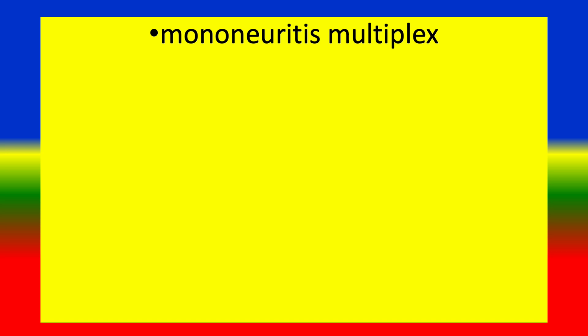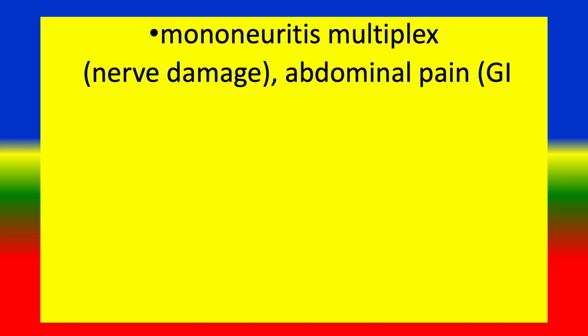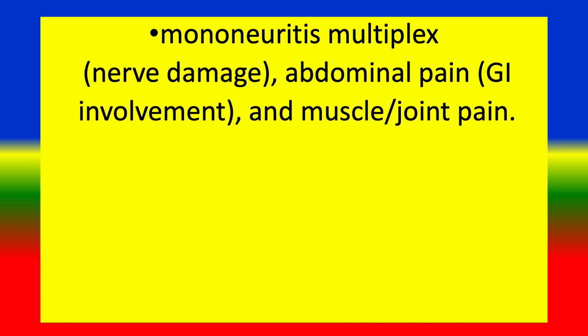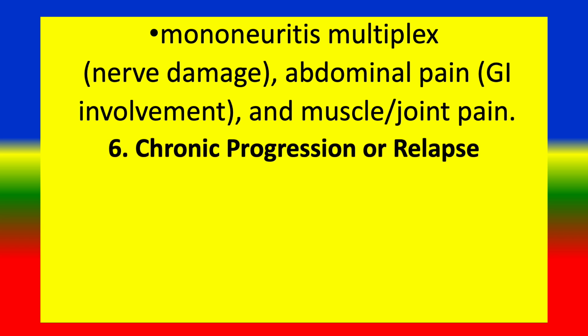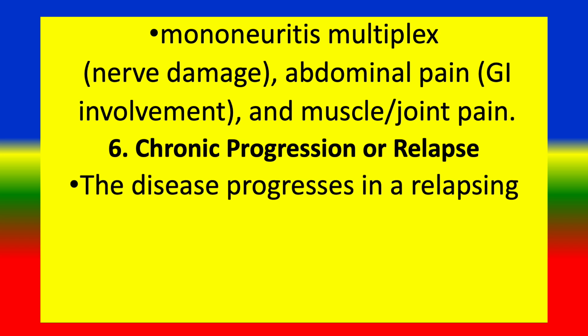Mononeuritis multiplex, which means nerve damage, abdominal pain, GI involvement, and muscle joint pain. 6. Chronic progression or relapse.